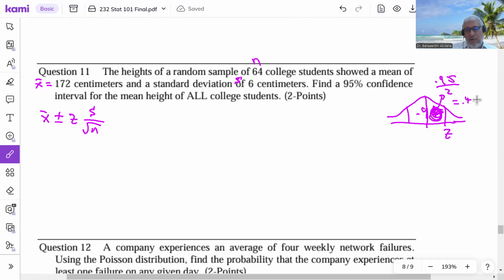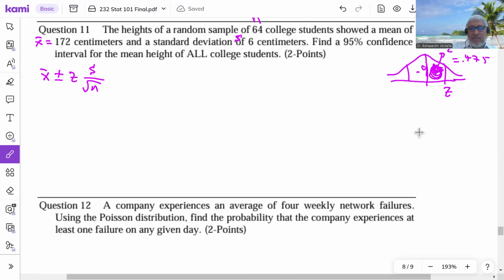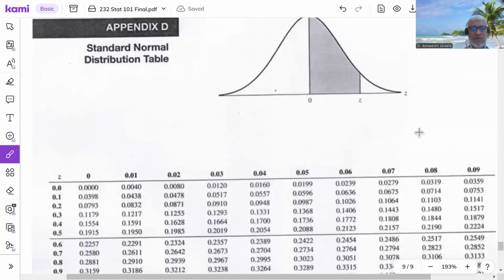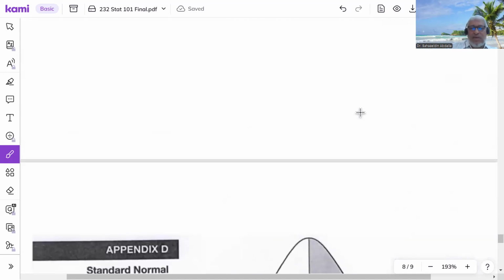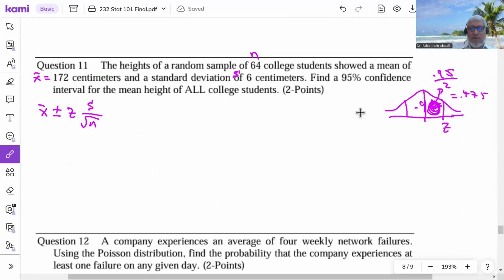This should be a known number because it is repeated a lot, but let us look for 0.475 inside the table. This is 0.475, so the number is 1.96.